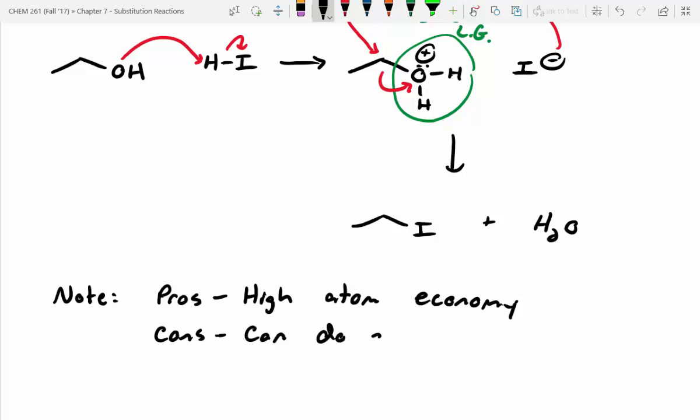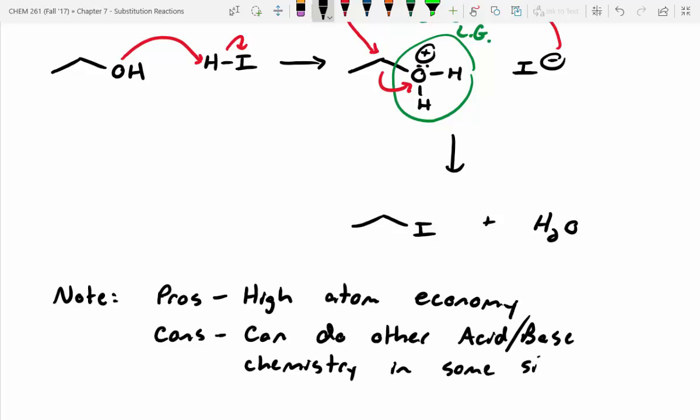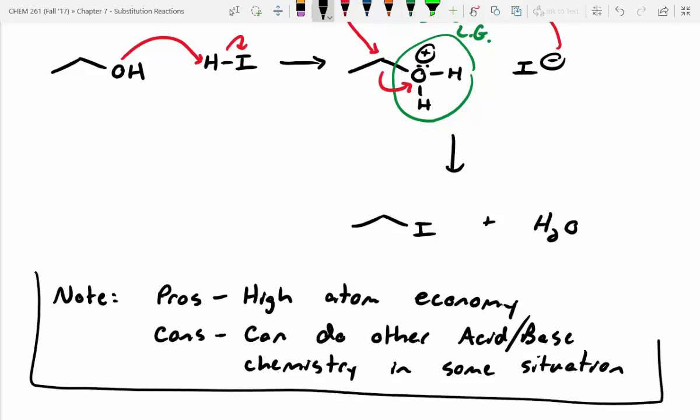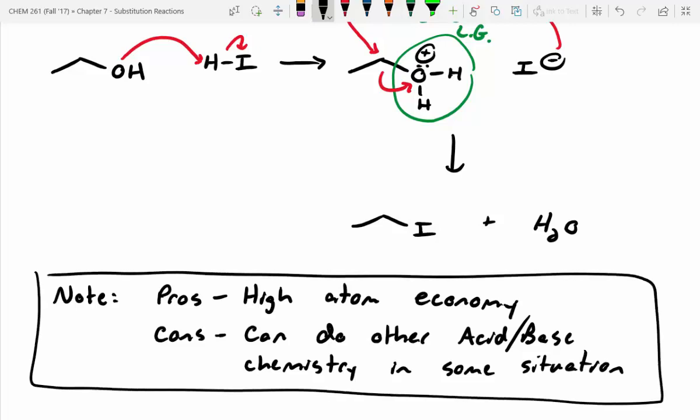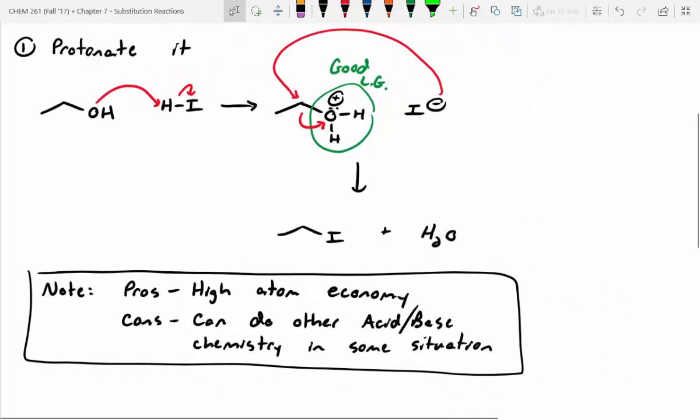Can do other acid-base chemistry in some situations. So, like we saw, this only works well if you only have one group that will do that proton transfer. If you have other groups that will do proton transfers, you might be doing other chemistry you don't want to do. So you have to be very careful when you're throwing acid into a system.